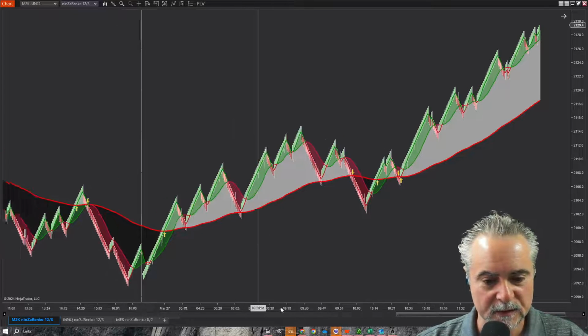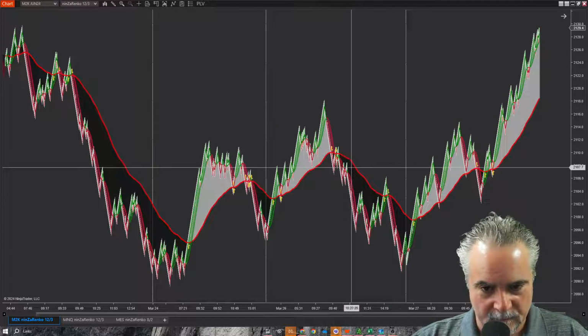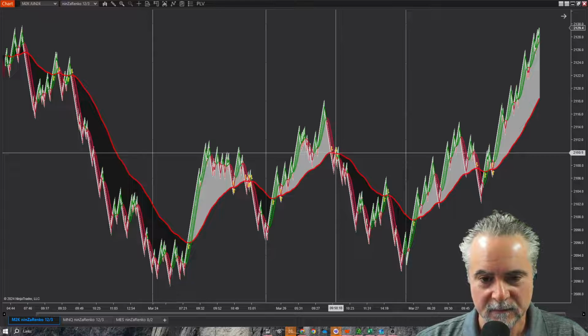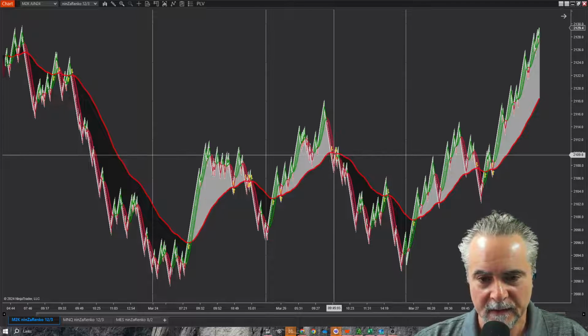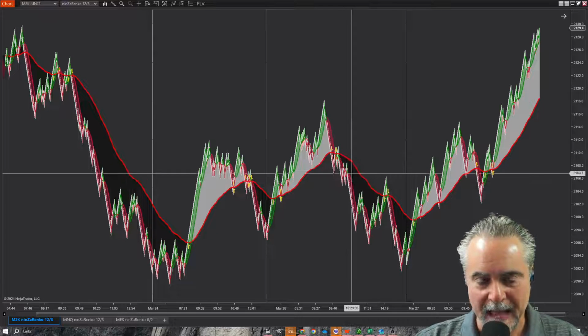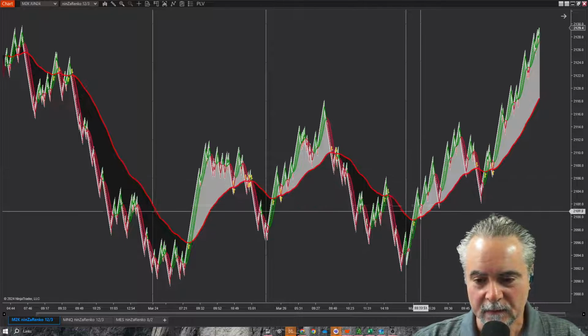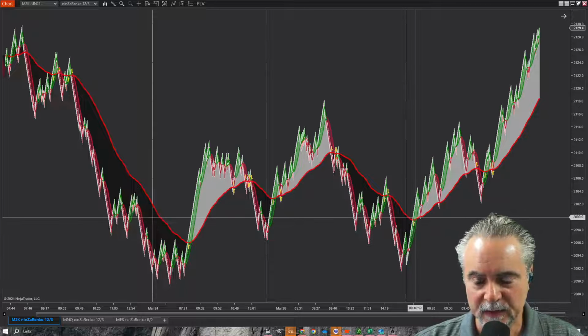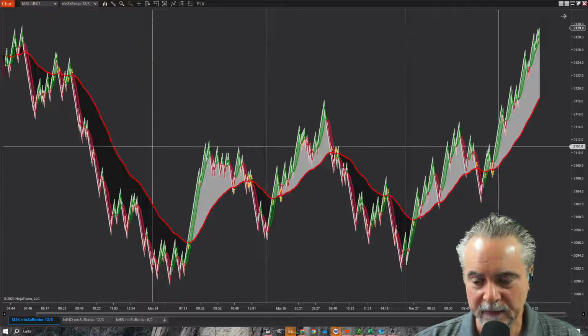So the black area indicates that the 9 has dropped below the 200. And so anytime that 9 is below the 200, you're going to get this black colored area. The white colored area is the opposite. Anytime the 9 crosses above the 200, you get a white area.